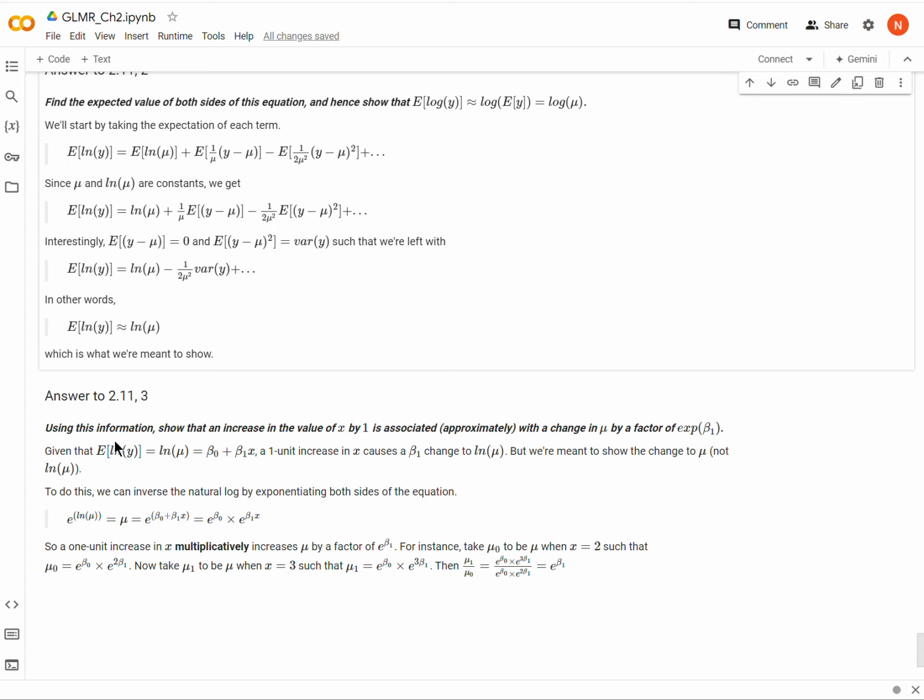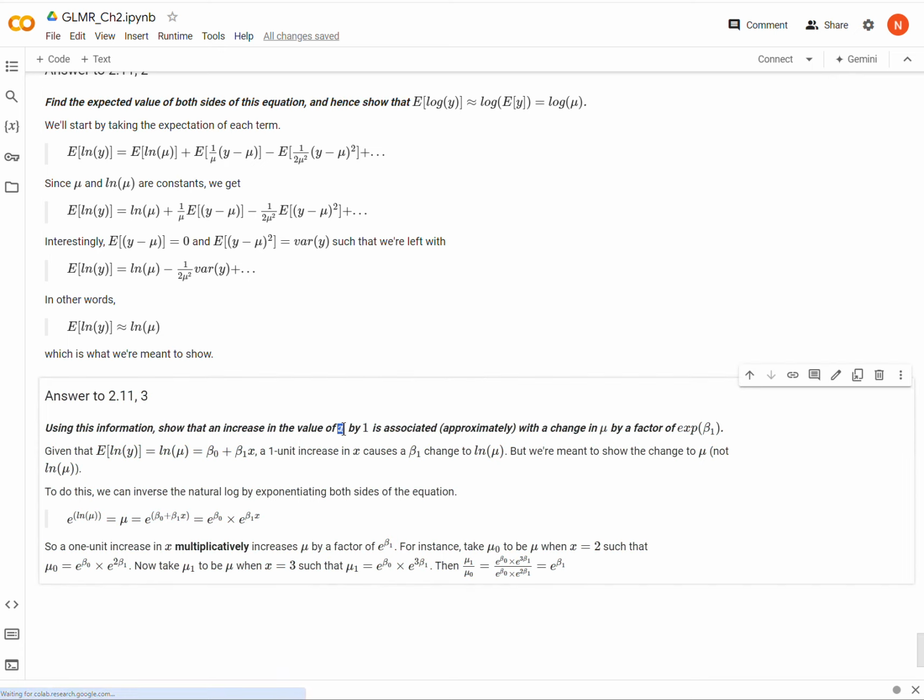Okay, so now using the information that we have discovered so far, show that an increase in the value of x by 1 unit is associated approximately with a change in mu by a factor of e to the beta 1.